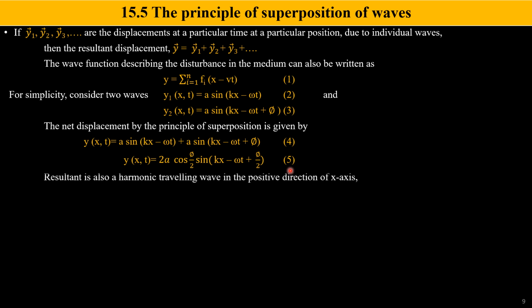This equation 5 is also a harmonic traveling wave in the positive direction of x-axis with the same frequency and wavelength. Please note, the resultant also travels with the same frequency and wavelength.